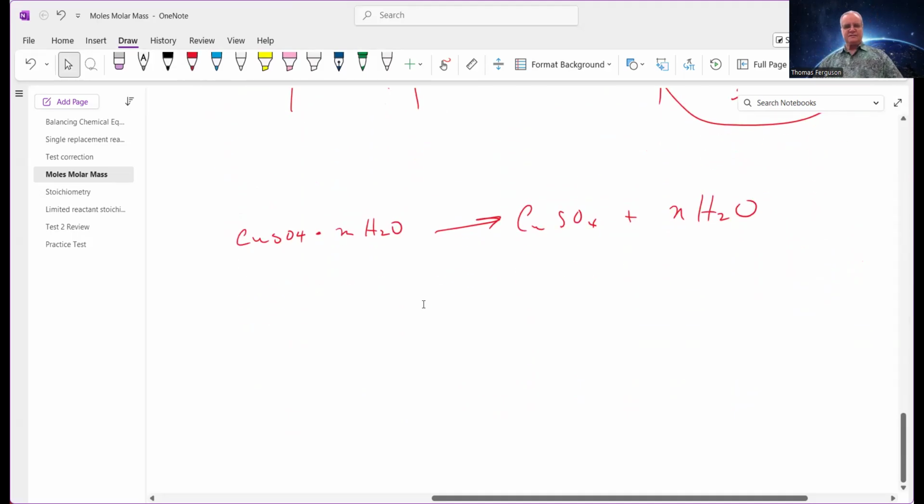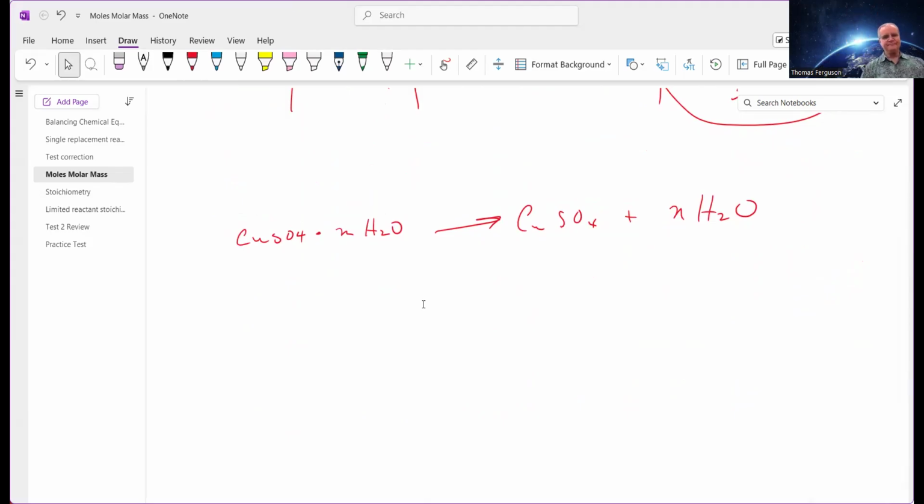This is the essence of your hydrate lab. Copper sulfate is a really pretty crystal, and the pretty version of the crystal is called a hydrate. That means it has water bound up in it.